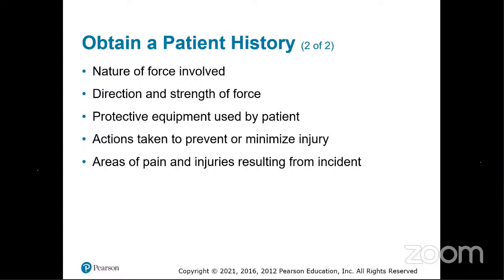A lot of the times too, with car accidents or any type of accident, if they have a pre-existing condition, it's going to make it worse. That word just left me. Exacerbate, that's the word I'm looking for. Their pre-existing injury too. So we want to look at the area.